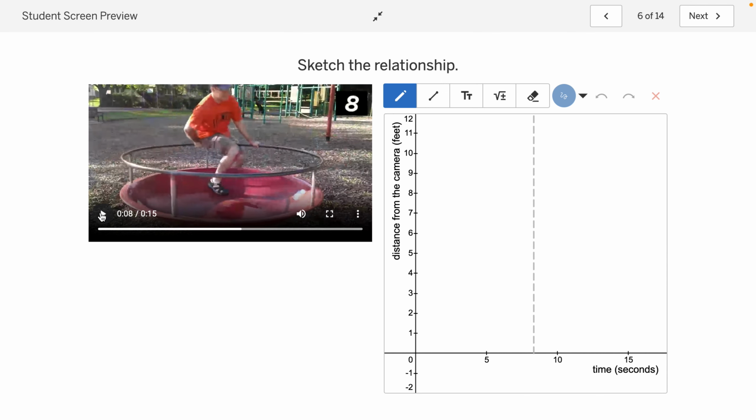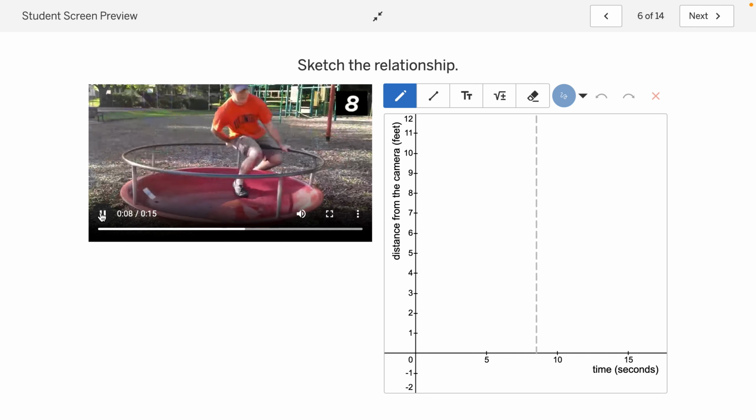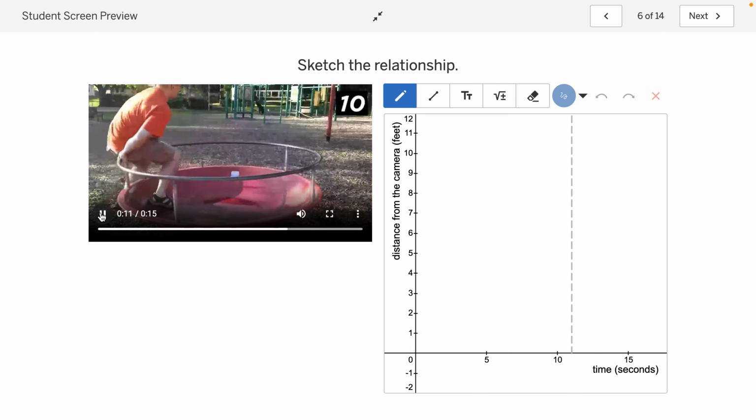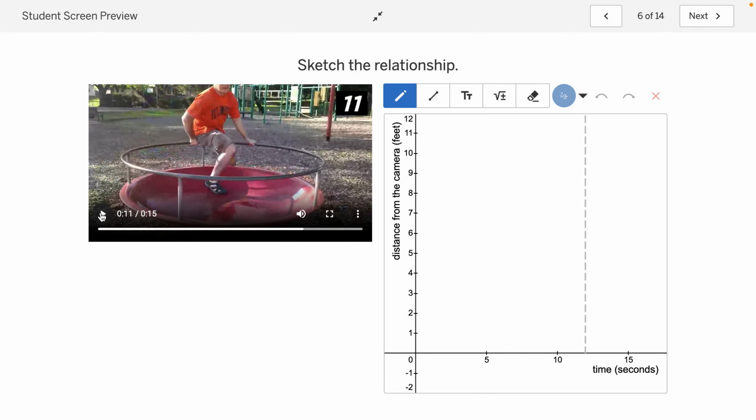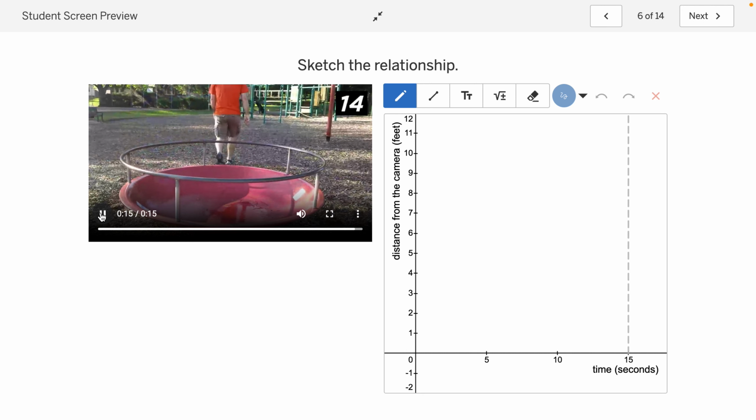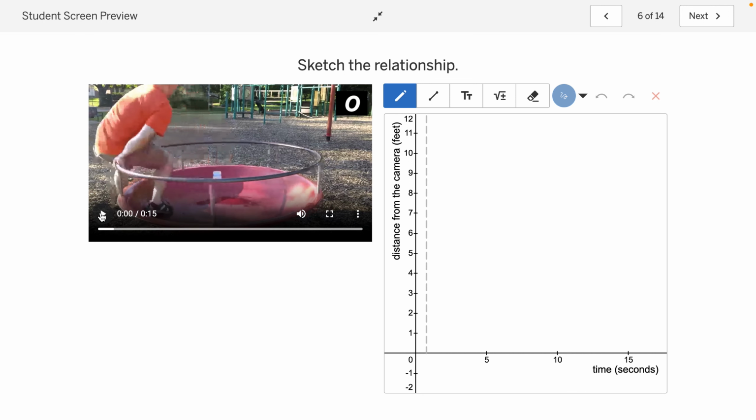About 8, he's back to 9. About 10, he's back to 0. And 11, he's back to 9. And then he sits. 12, he's at 9. And then 13, 14, 15, he starts walking away.